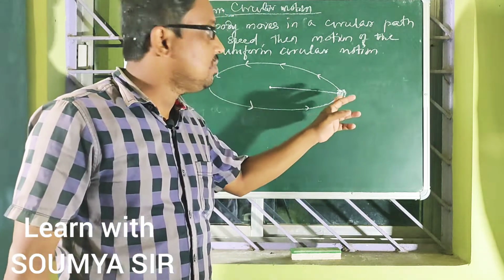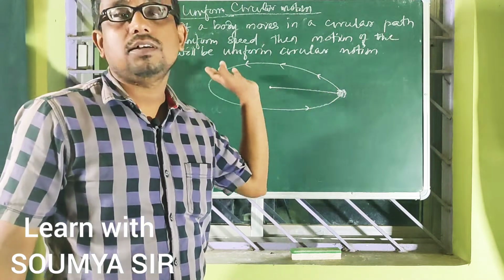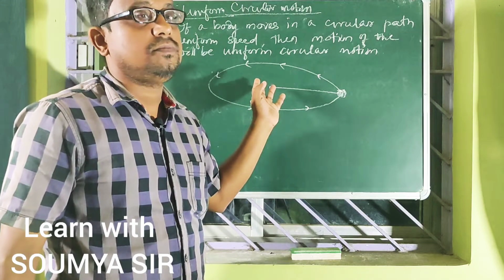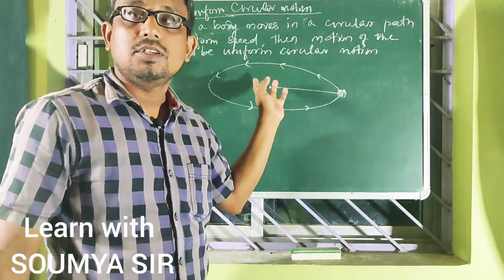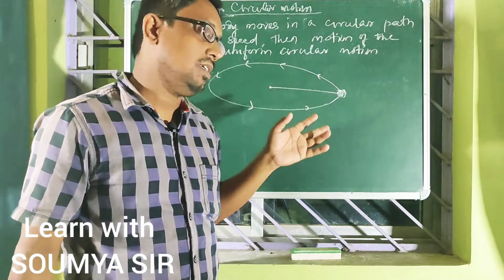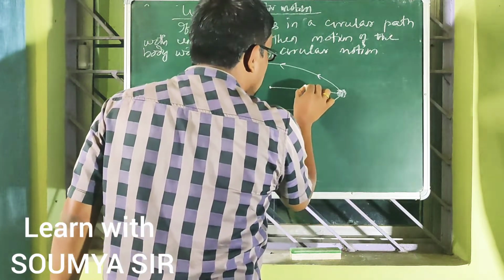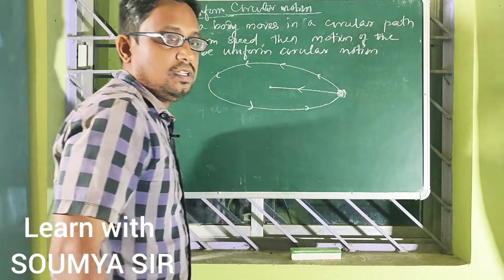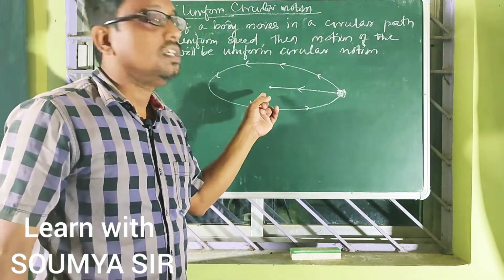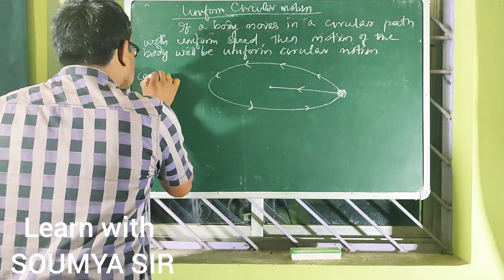Because the thread is pulling the stone such that the stone is bound to move in the circular path. So the stone is pulled by the thread towards the center of the circular path. The thread is giving some force to the stone towards the center. That force is called centripetal force.